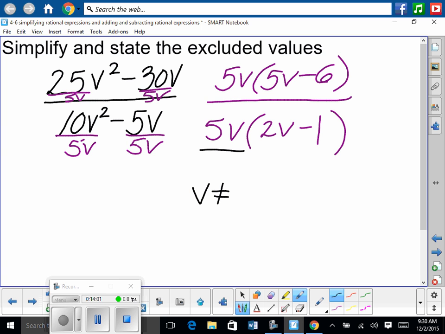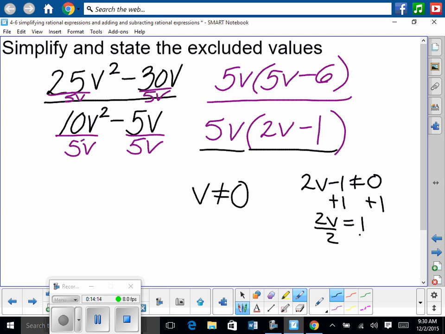Okay, b cannot equal 0 right there. Also, right here, we would say, okay, 2b minus 1 cannot equal 0, solve for b. Add 1. So we have 2b is equal to 1, divide by 2. b also cannot equal 1/2, right? So b cannot equal 0 or 1/2.